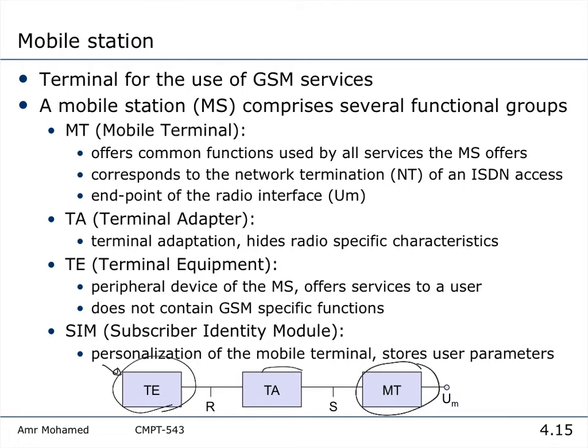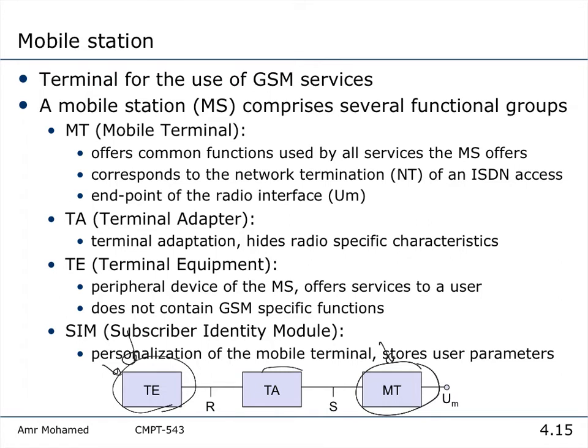The mobile terminal deals with radio aspects. So it deals with all the physical layer, link control in terms of flow control, reliable transmission, and so on. So this is done here. So the terminal adapter is like an adaptation between the application level services and the mobile terminal.